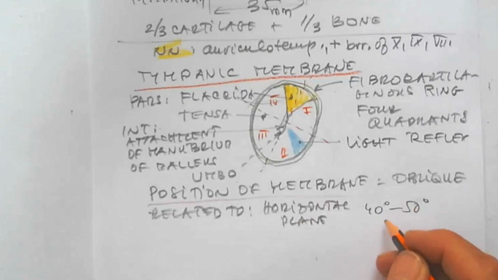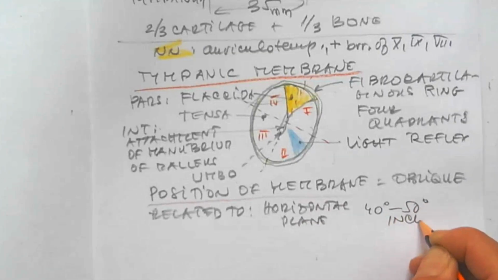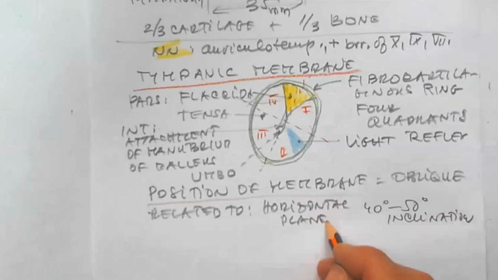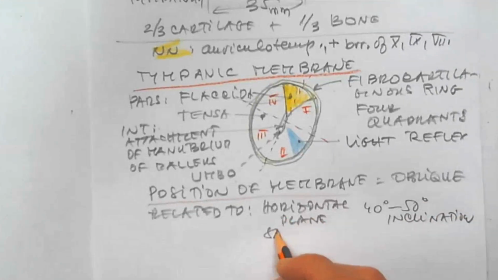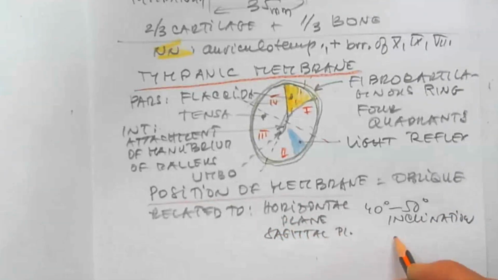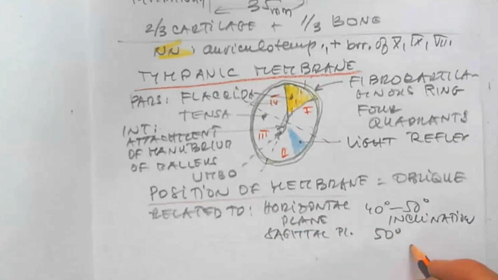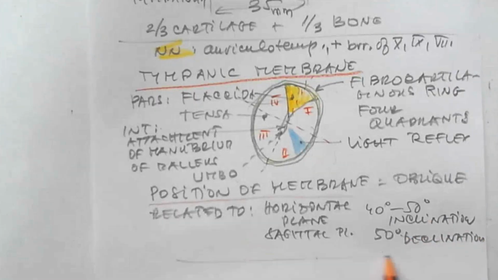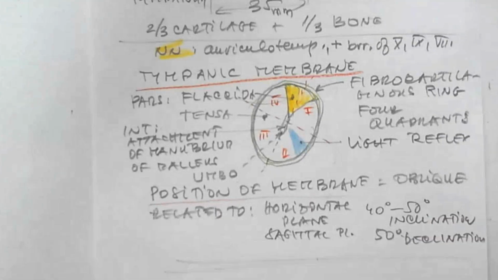We call it inclination. And related to the sagittal plane, 50 degrees, we call it declination. Good, sufficient, done.